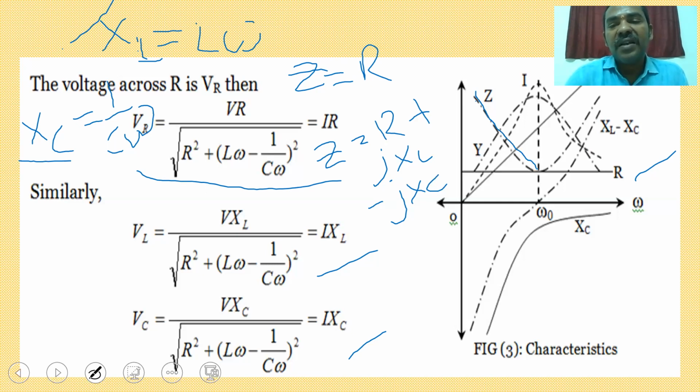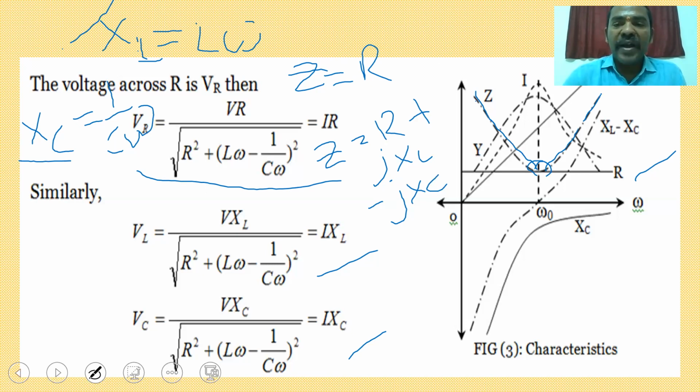At resonance, the net reactance must be equal to 0, so the impedance is pure resistance. After that, with a further increase in omega, the circuit acts as an RL circuit, which means the inductance is more compared with the capacitance.